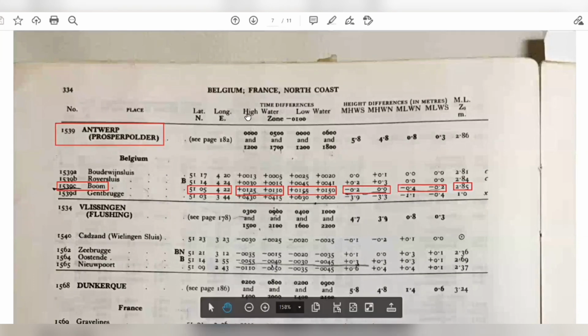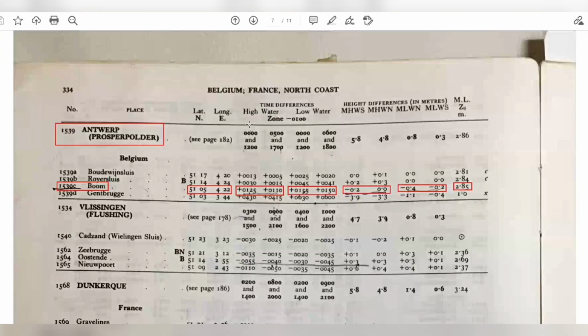Under time difference there are 4 columns: 2 columns for high water, then next 2 columns for low water. So understand this. If your high water at Antwerp was exactly 0000 hours, that means midnight, then the correction to be applied would have been plus 1 hour 25 minutes, and that will become the time of high water at Boom.